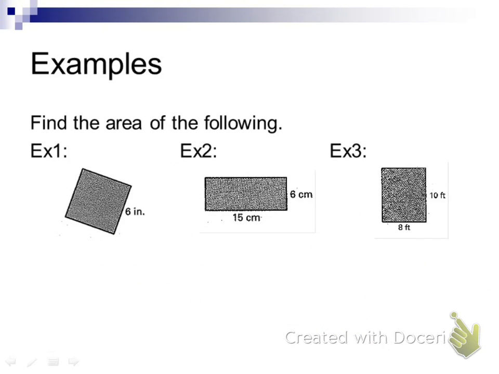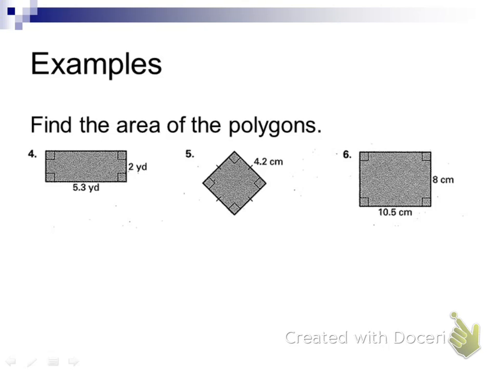Alright, we're going to do a few more examples that are similar. You don't need to draw these though. If you have 3 where you're just finding area, that's fine. But I do want you to do the work with me. So how am I going to find the area of number 4? Do the work with me. So in your notes, you should have 5.3 times 2, and then you should have what it equals.